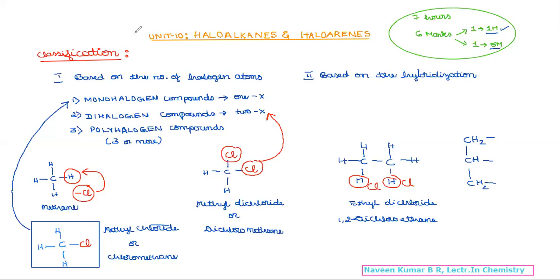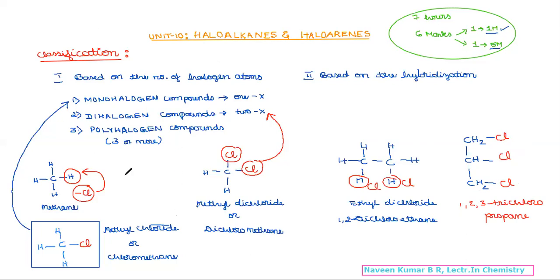We'll assume the halogen is again Cl: CH2Cl, CHCl, CH2Cl. So it is 1,2,3-trichloropropane. Now if we observe this, there are 3 halogen atoms in the compound, hence it is an example of a polyhalogen compound, and of a specific type, a trihalide.